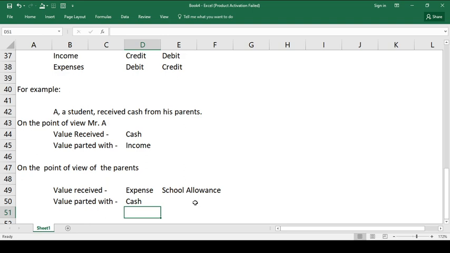Take note, ha? Sir, can those two points of view be recorded in the same books? No, because Mr. A is a different person. The parents are different persons. Diba? We have the accounting entity assumption.